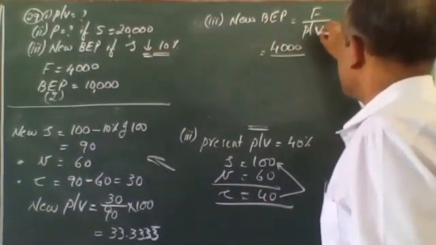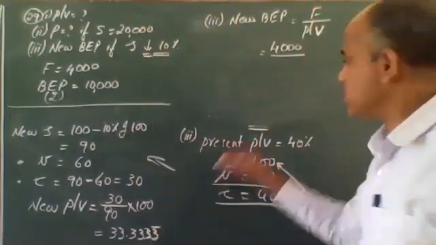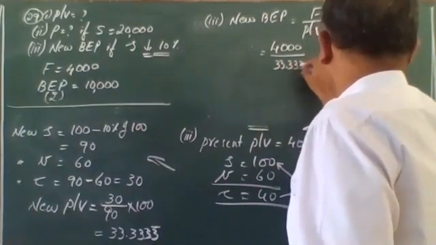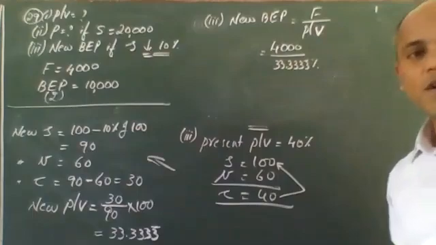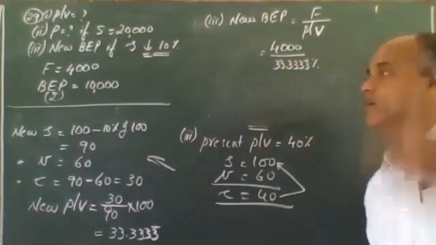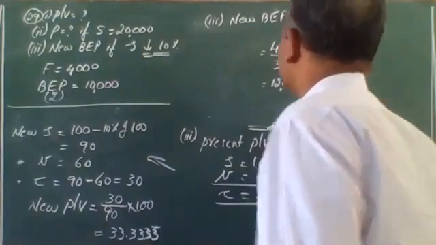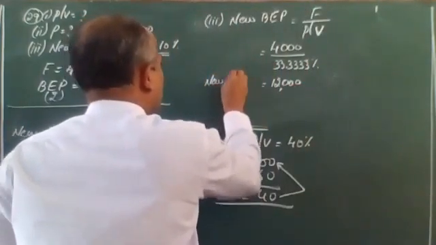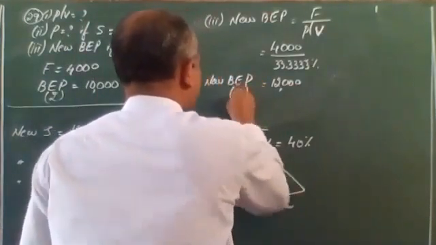But PV ratio, the new PV ratio I'm going to take, it is 33.333%. So it is nothing but divide by 1/3, or 3 times of 4,000, that comes to 12,000. So this is your new break-even point in terms of units.